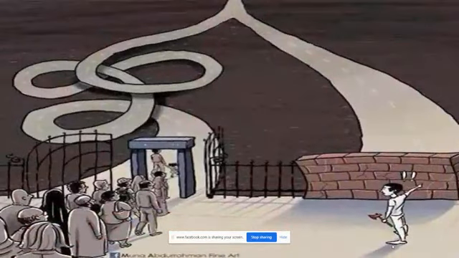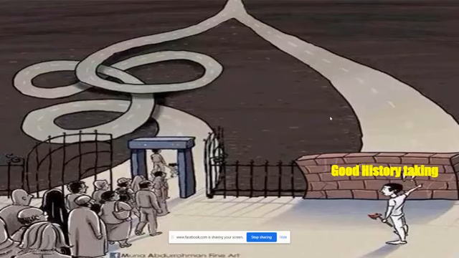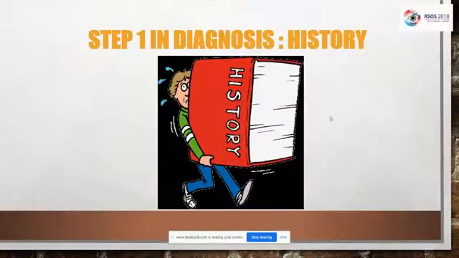Always remember that you need to follow the straight and good way for reaching your diagnosis and to break through the obstacle in your diagnosis to reach the correct diagnosis, and don't follow the people that are taking long ways for getting the diagnosis, like you can see here, and use the simple and correct manner in breaking the obstacle between you and the correct diagnosis by doing a good history. So this is the first step in the diagnosis, history.